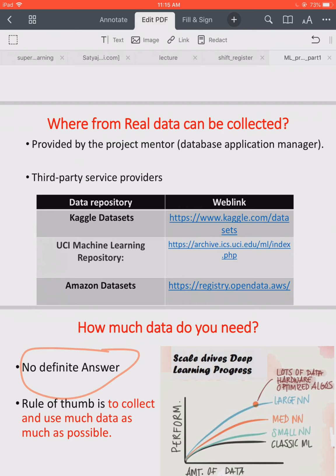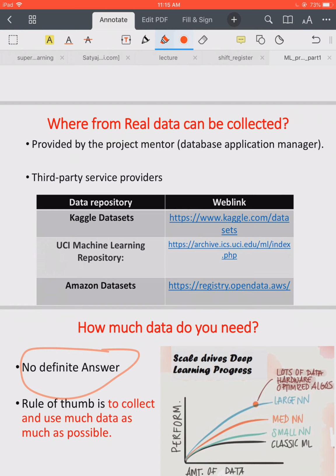These are some popular free, open data repositories that you can use. These three are very popular: Kaggle datasets, the UCI machine learning repository, and Amazon datasets. There are plenty of datasets in different domains, and you can use them.